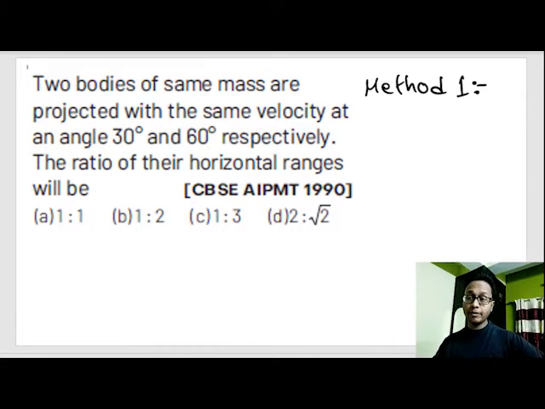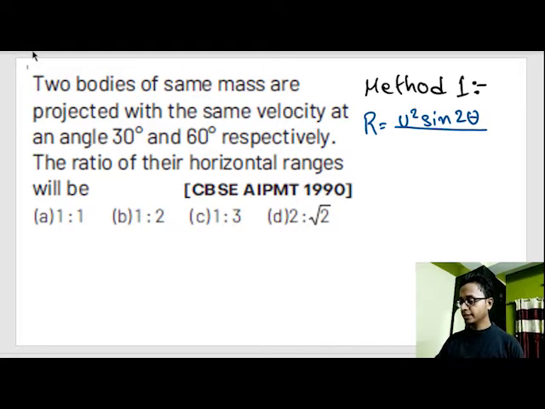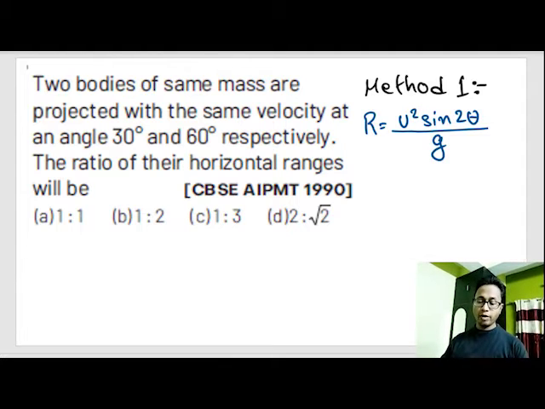In the traditional method, range is given by R equals u square sine 2 theta by g. Let me write this g properly. Now for maximum range, sorry, there is no maximum range being asked here. They are asking theta is 30 degree for the first projectile and 60 degree for the second projectile.